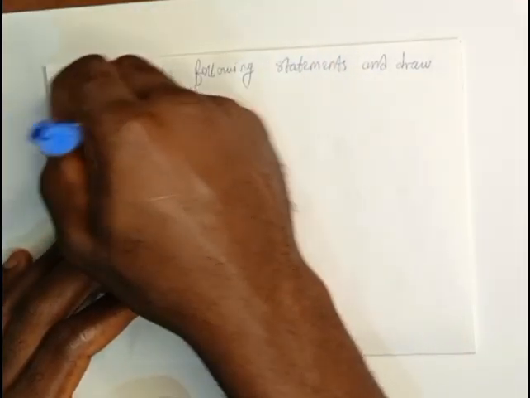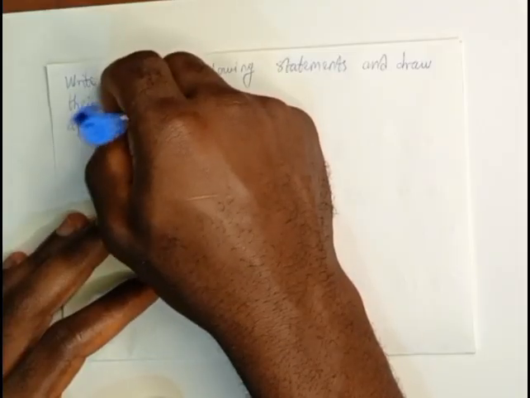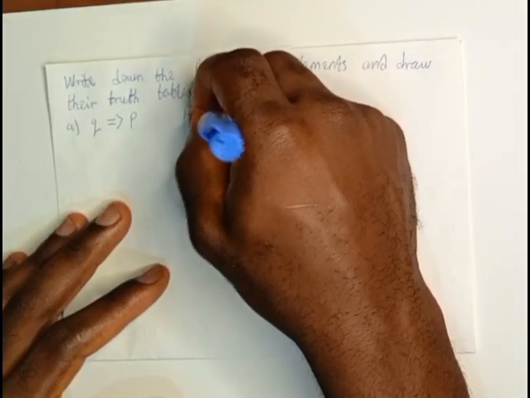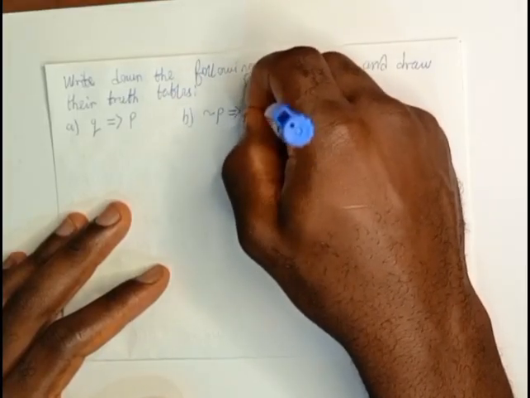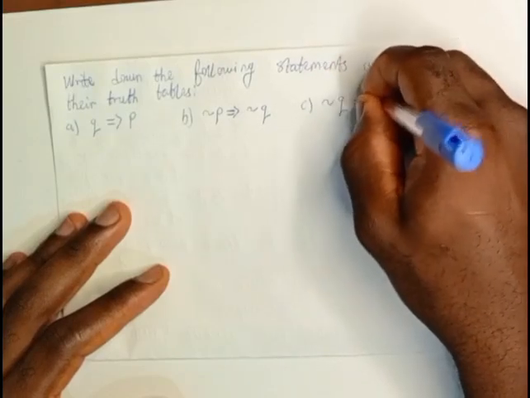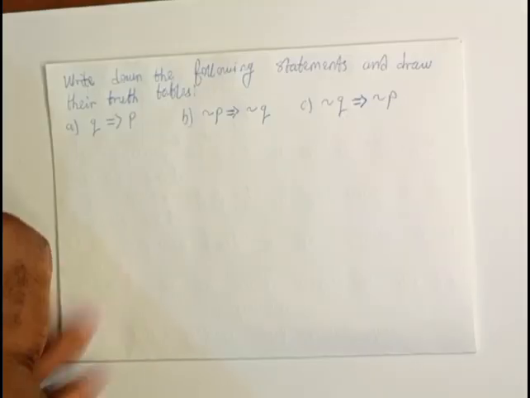For the first one, A, we have Q implies P. B, we have not P implies not Q. For C, we have not Q implying not P. We take the solution.